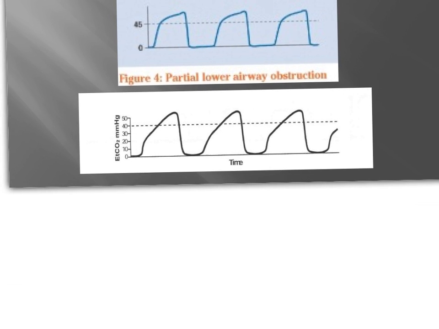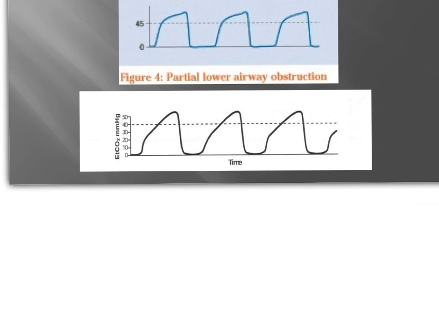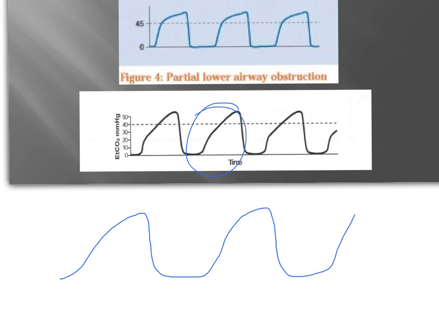And this one's a little bit more in tune with what we expect a bronchospasm to look like, also known as a shark fin waveform, because it looks just like that, right? We have a shark fin kind of appearance, and if we remember correctly from earlier, that shark fin is a delay in exhalation, which means we have a lot of restriction in most cases for those asthmatics or COPD patients.